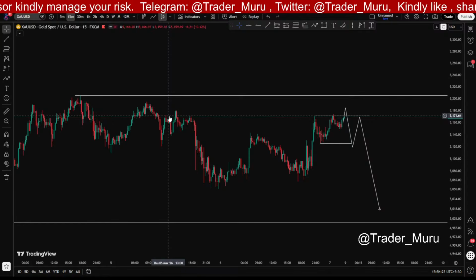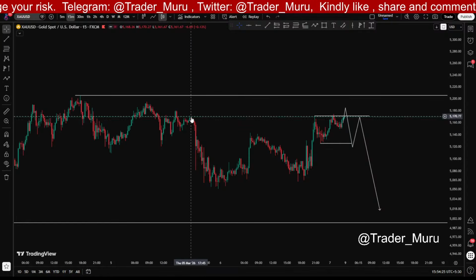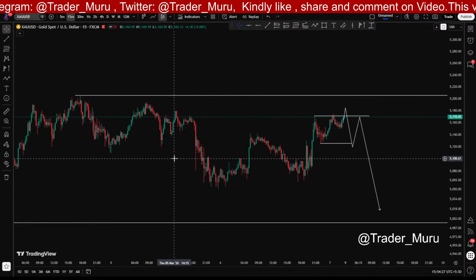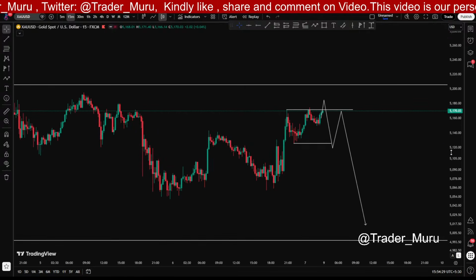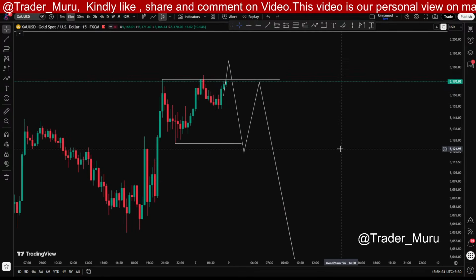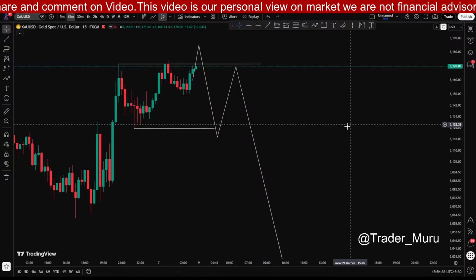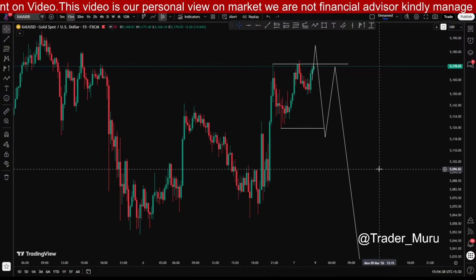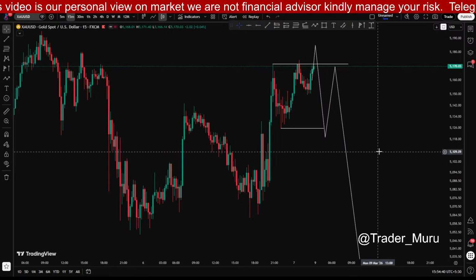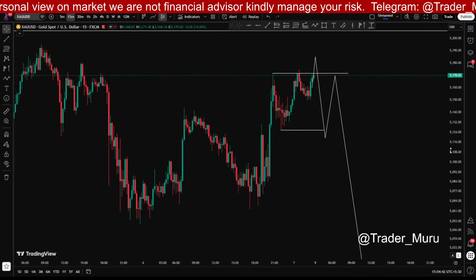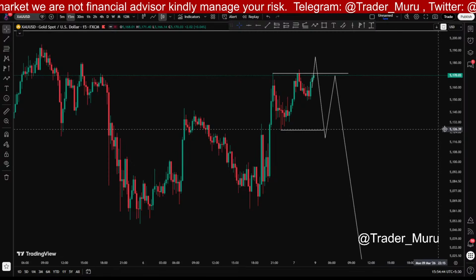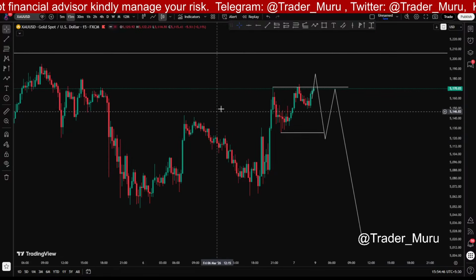See this: sweep, drop, retest, and again drop. Equal high and equal low works very perfectly in gold.